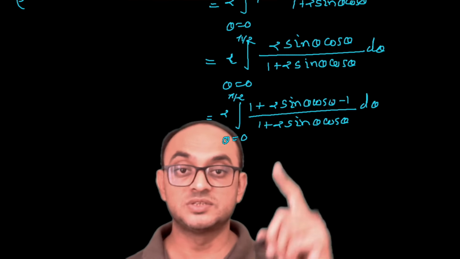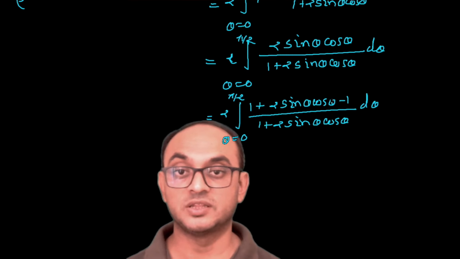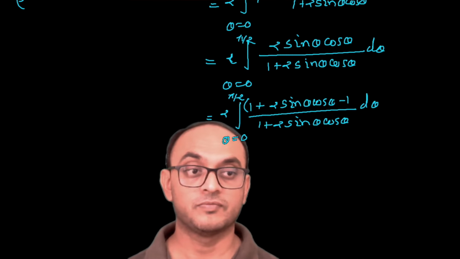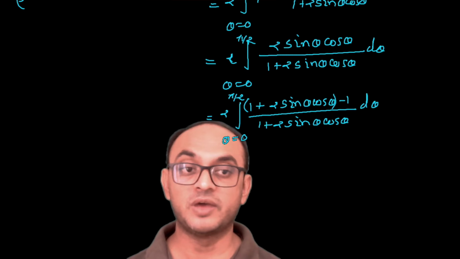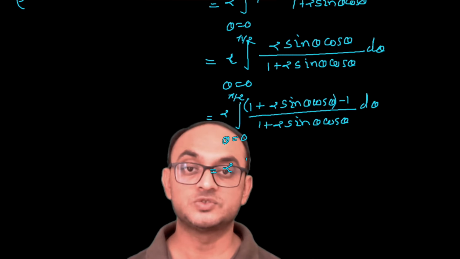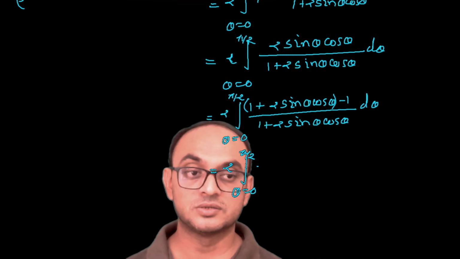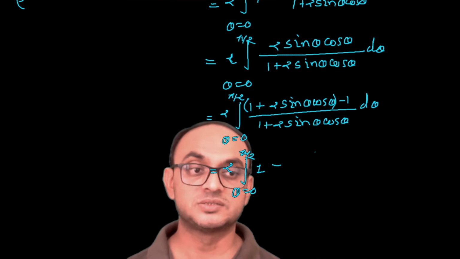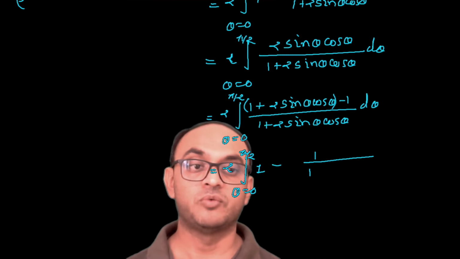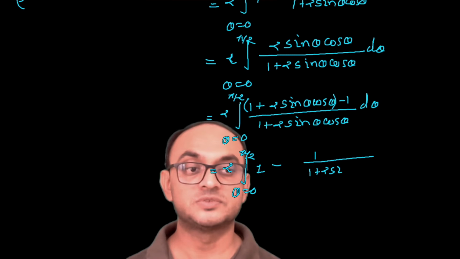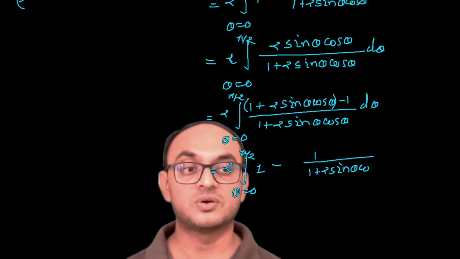Right. So this is the pair 1 plus 2 sin theta cos theta, divided by this, which is 1. So this is 2 times theta from 0 to pi by 2, this bracket divided by the same denominator, which is 1 minus 1 upon 1 plus 2 times sin theta cos theta, d theta.